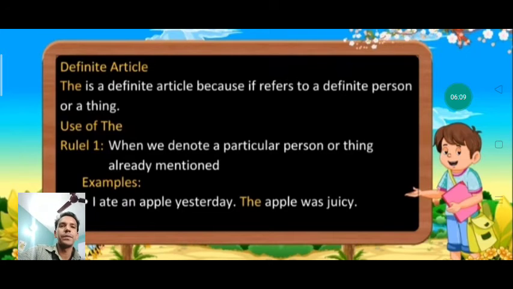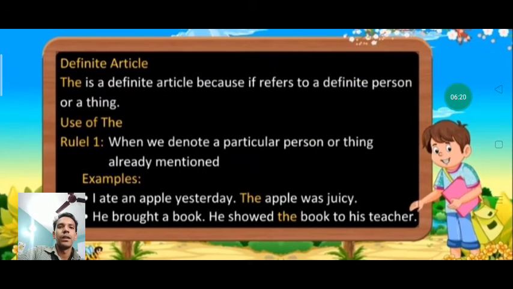This is the same slide which we have discussed, that the definite article is used to refer to a definite person or thing. Here also, children, we can see the next example. He brought a book. He showed the book to his teacher. First we discuss a book, and next time when we talk about the book, we use the.